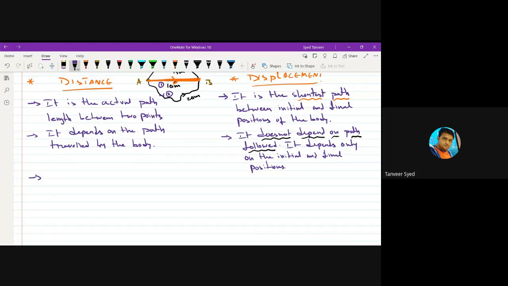Then distance, what is the unit in which we measure distance? It is measured in SI. Meters, sir. Yes. Unit of distance is meter. And its symbol is m, small m. Some students use capital M, which is wrong. Displacement also is measured in meter.